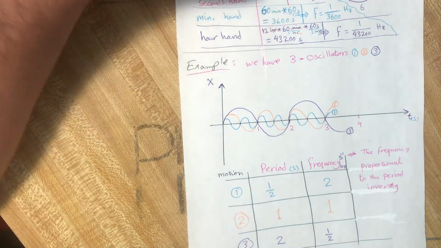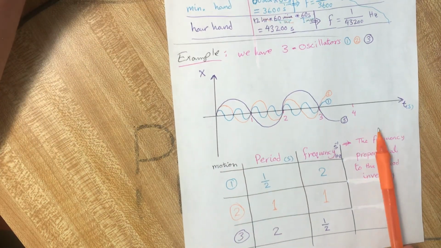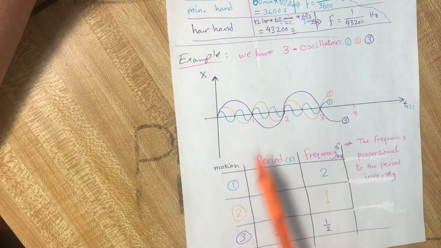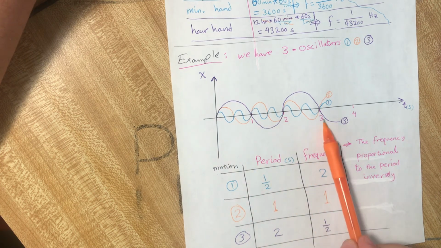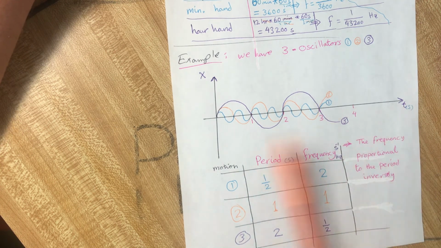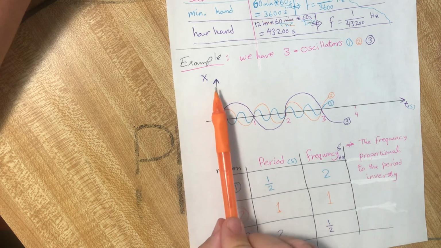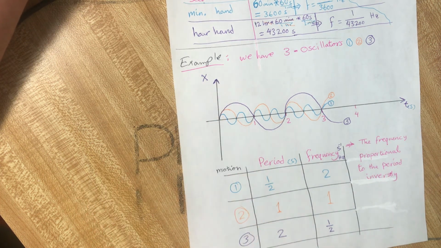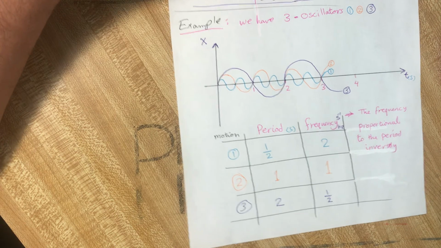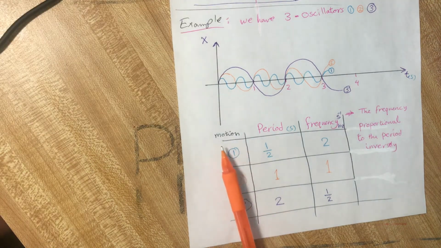Okay, using this coordinate system, this is 1 second, 2 seconds, 3 seconds, 4 seconds, time in seconds, and the position function is x.